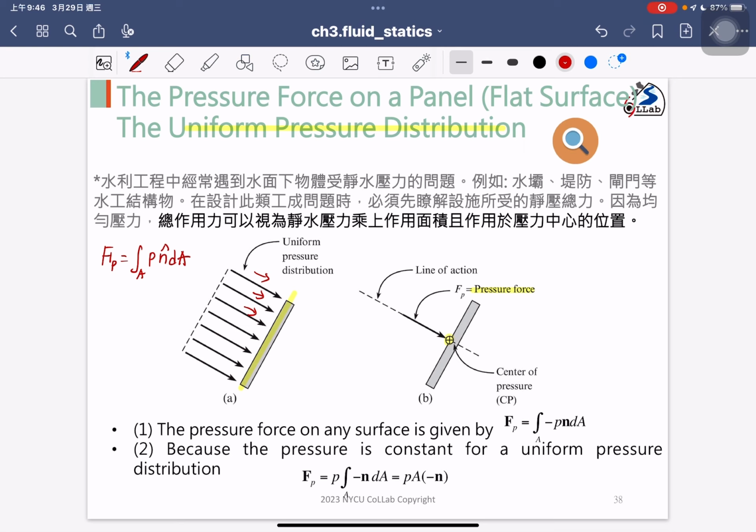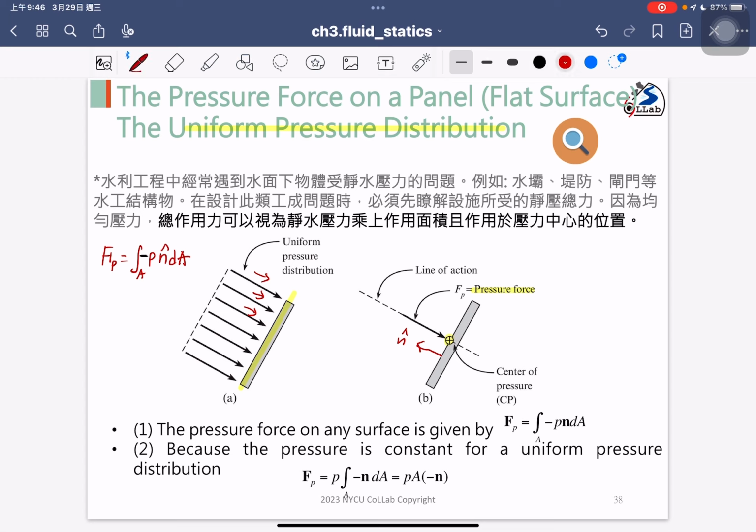As we know, the pressure force direction is always opposite to the normal vector. So we have the additional minus sign here, because the pressure force vector direction is always opposite compared to the normal vector of the surface.